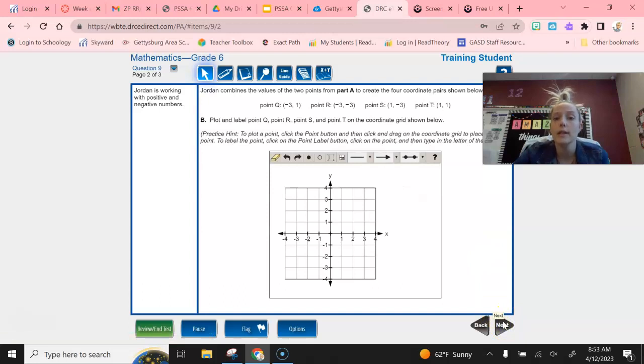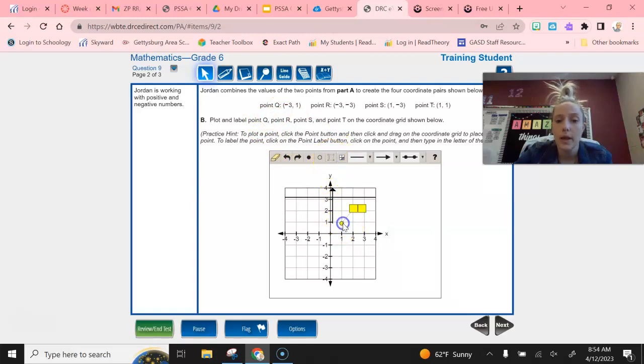Graphing on a coordinate grid, same thing. You may be simply graphing different points. You may need to graph between two different lines. And what does that look like? You may need to use the arrow tool. So test out some of these. There's also labeling points. Like up here it says point Q, point R. You might need to put in here a label on one of your points.